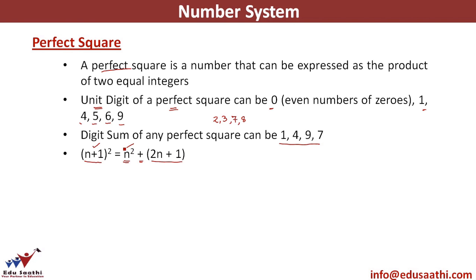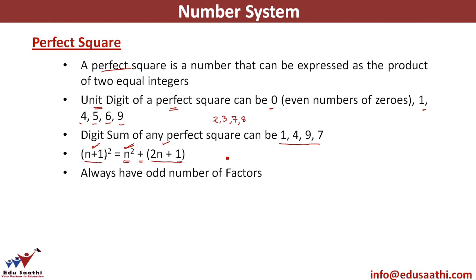If you know the value of n squared, the value of n plus 1 squared would be n square plus 2n plus 1. So if n square is even, n plus 1 whole square will come out to be odd. If n square is odd, n plus 1 whole square would come out to be even.